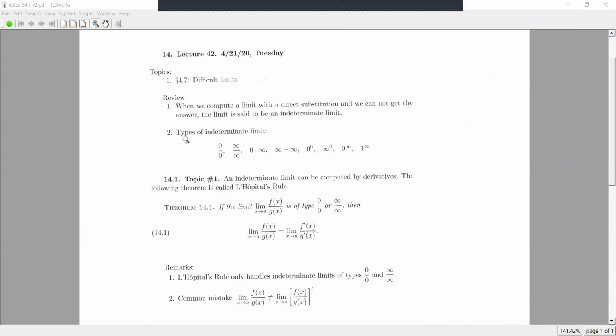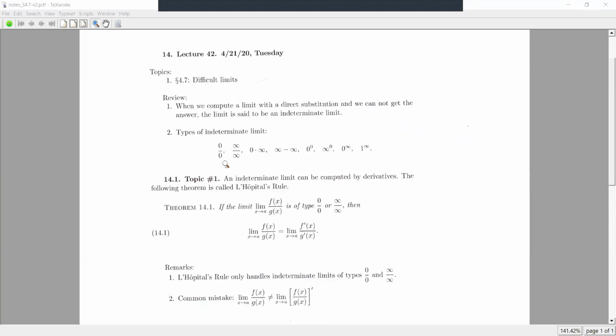When we compute a limit with a direct substitution, if we get one of the following, then we cannot determine the answer, and therefore the limit is an indeterminate limit. When we get 0 over 0, we cannot tell what that is.